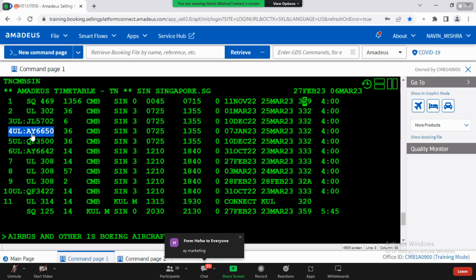Clear. Now, the passenger will ask you a question: tell me the exact flight number that I am going to sit on or board. How do I find that out? Tell me the exact command. You all answer my question; I'm not going to answer this one.